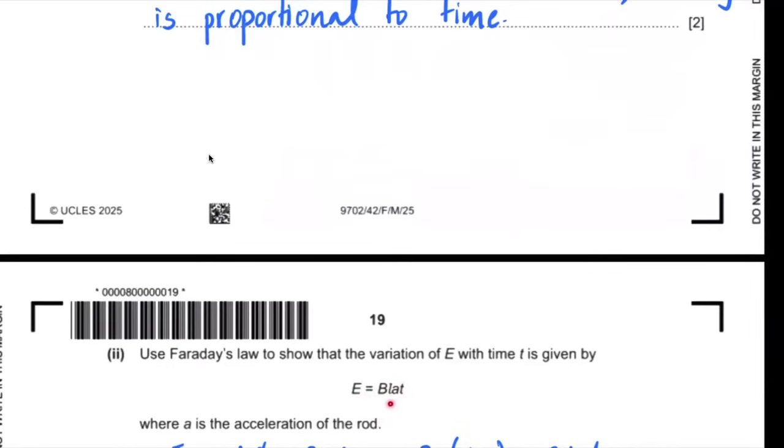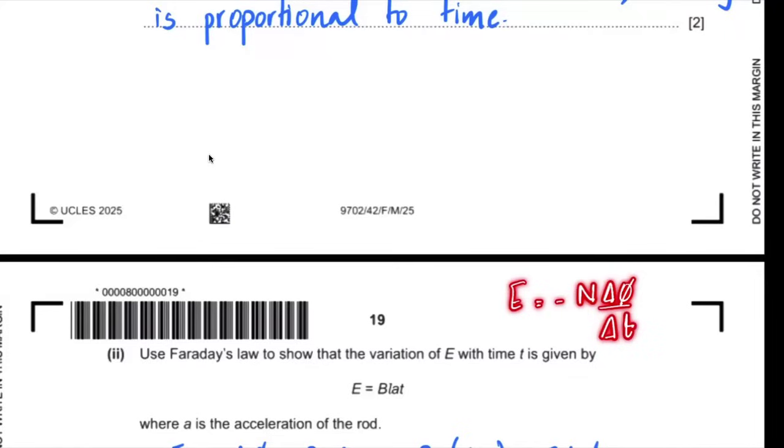So BLat. B is the magnetic flux density, L is the length of the rod, a was acceleration, and t is some time. So I know that E is, by Faraday's law, given by this expression, minus N delta phi over delta t, by a combination of Faraday's and Lenz's law.